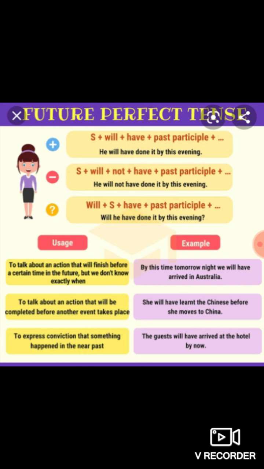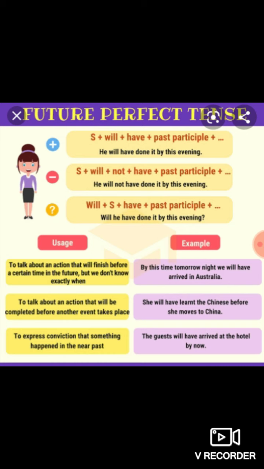The next use of future perfect tense is to talk about an action that will be completed before another event takes place. For example, she will have learned Chinese before she moves to China.